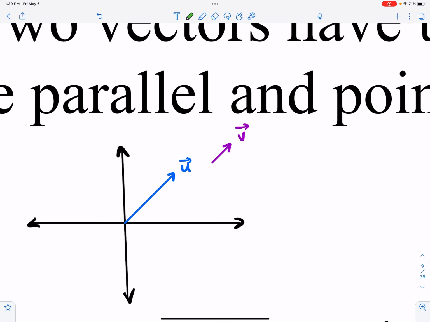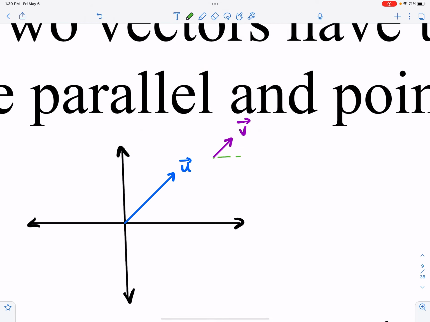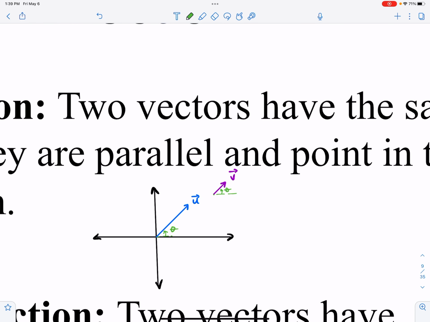So these two vectors can still have the same direction if this angle, the angle from horizontal, is the same, then the two vectors would be parallel. They would be said to have the same direction.